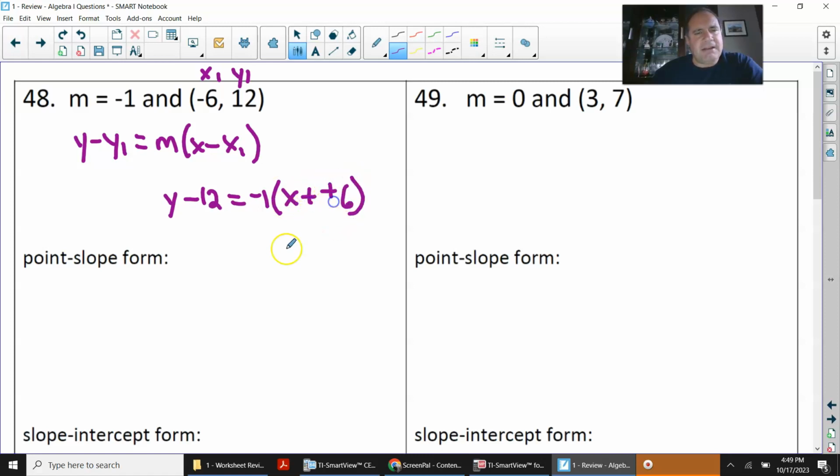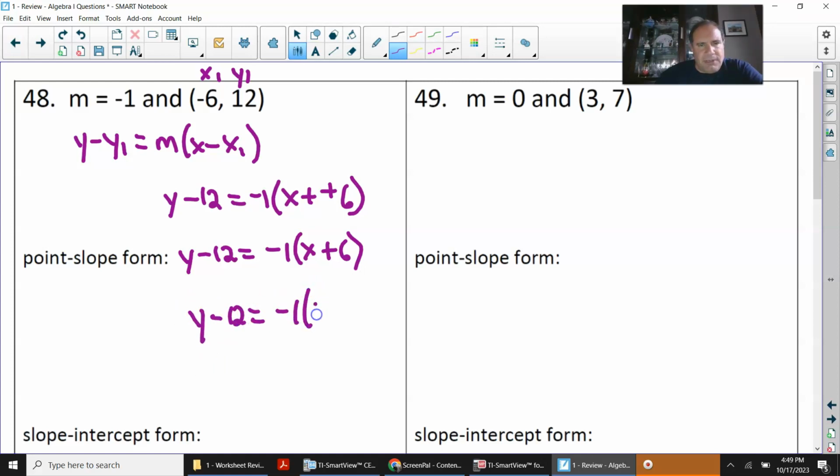So the minus and negative will give you the plus. y minus 12 equals negative 1 times x plus 6. All right, I'm just going to rewrite it over here so I could go ahead and put it into slope-intercept form. So y minus 12 equals negative 1x.